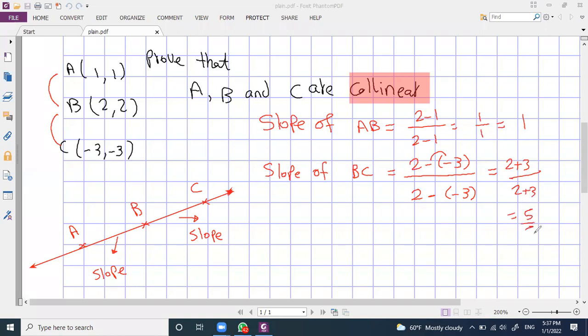So 5 over 5 equals what? 1. So the slope of AB is 1 and the slope of BC is 1. So now we can say that because the slope of AB equals the slope of BC, then A, B, and C are collinear.